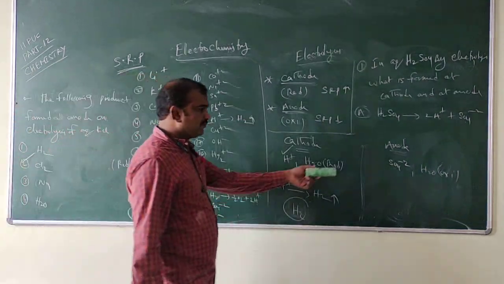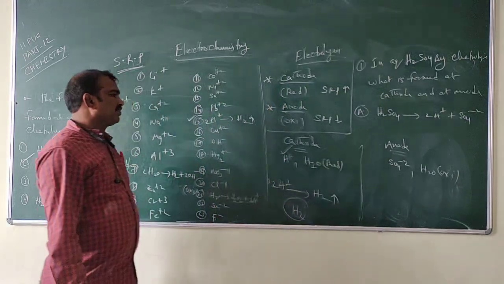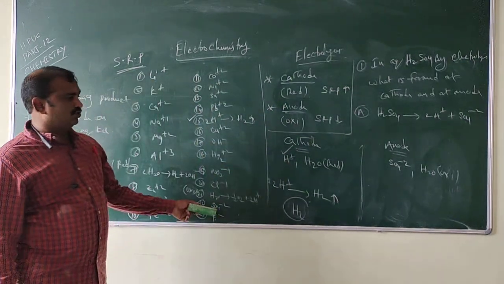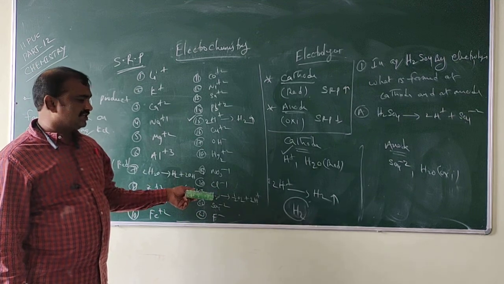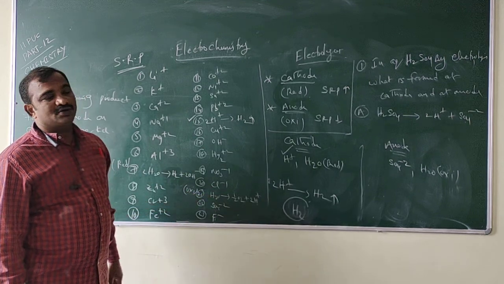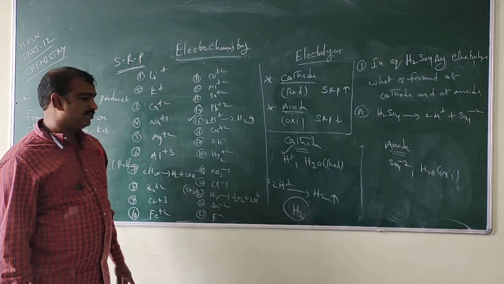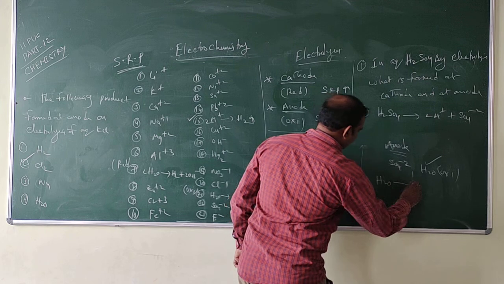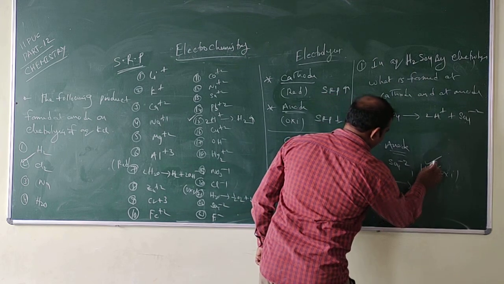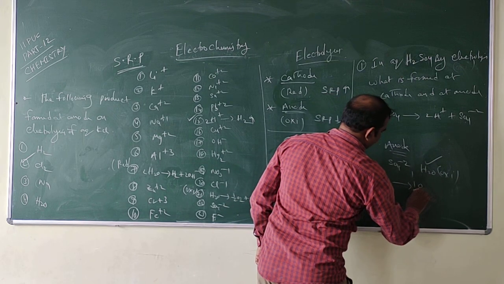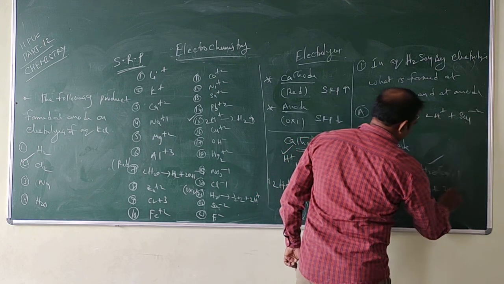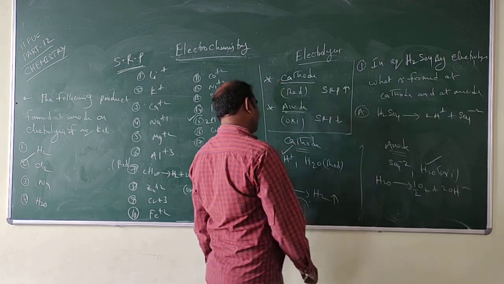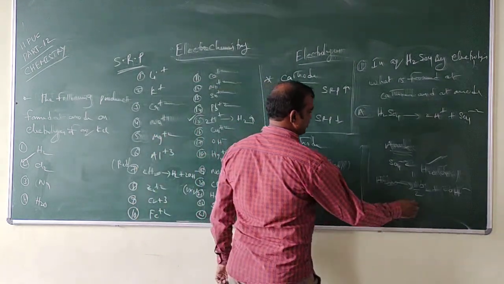Next, SO4 minus 2 and H2O oxidation. Which one is having the lowest SRP value? H2O oxidation is having the lowest SRP value, so this one will be considered. H2O oxidation gives half O2 plus 2H plus. So what is the final product?